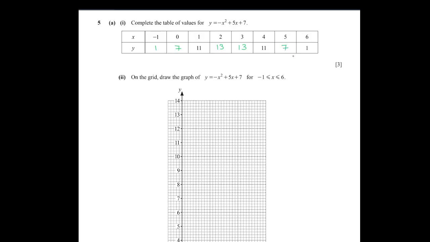So these are the values you will get when you substitute the values of x to get y.